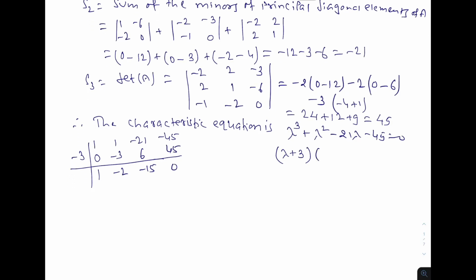So the next is lambda square minus 2 lambda minus 15 equal to 0. Minus 15 can be written as minus 5 times 3, so minus 5 and plus 3.